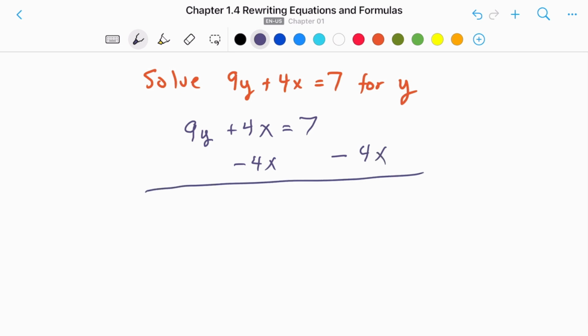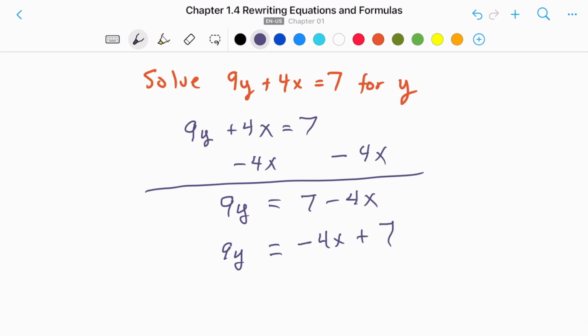This right here goes to 0, so it becomes 9y equals 7 minus 4x. Now, these terms we tend to flip around, because we like to have the terms in descending order. So we're going to say 9y equals negative 4x plus 7.